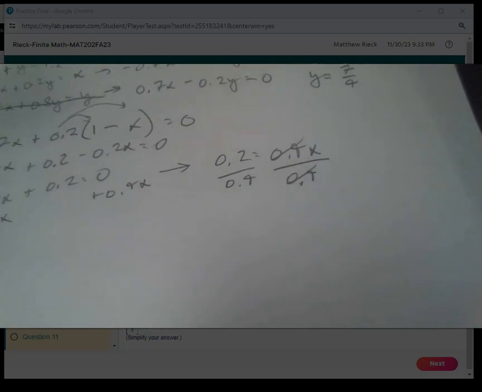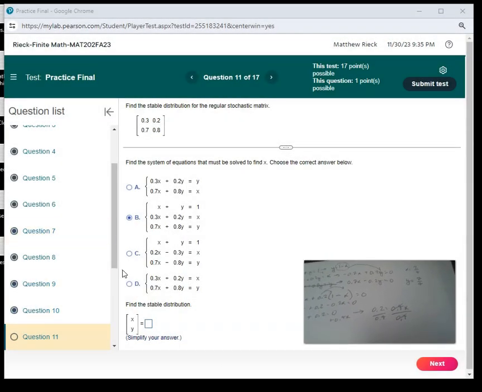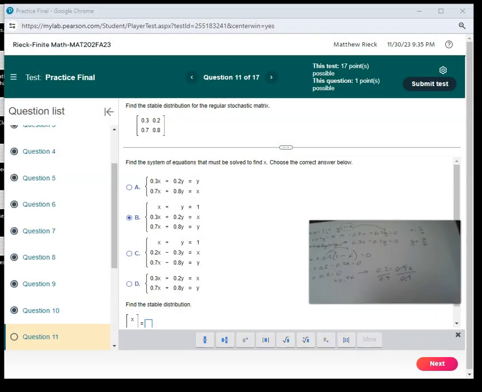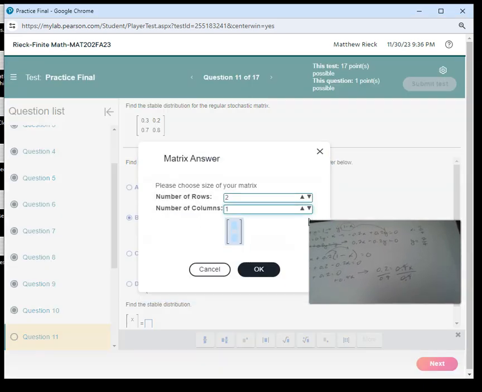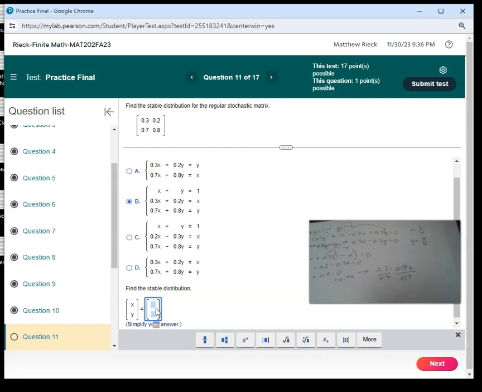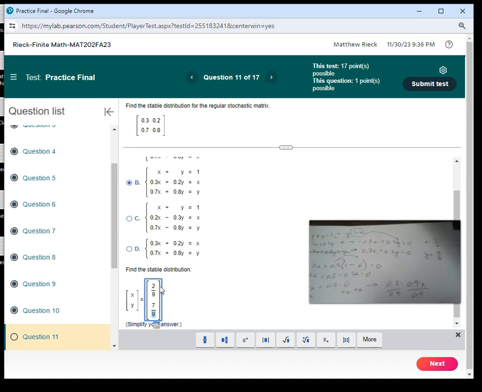Or you can also do 0.22 and 0.77 repeating. So we have 2/9, 7/9.